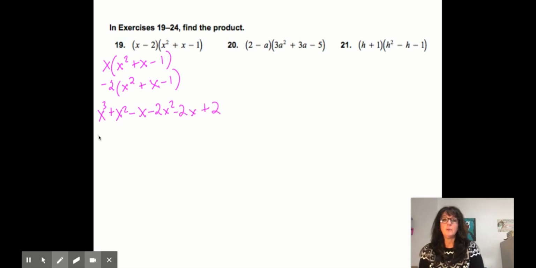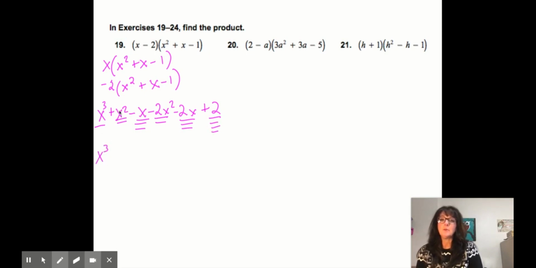And then if you recall from lesson 1, when we were writing descending order of the variable and we had polynomials that we were adding and subtracting, I just go through and I say, okay, this is cubed. This is going to be my first term because you need the highest order first. Then my second term would be squared, and I find all the ones that are squared. Then all the ones that are exponents of 1, and then finally the constant. And then I just combine them in that order. So just a lot of keeping track.